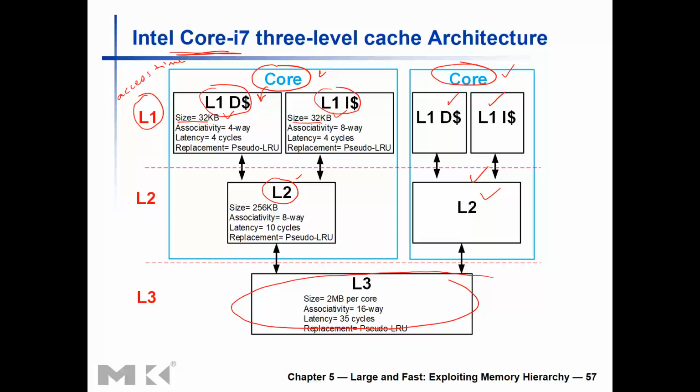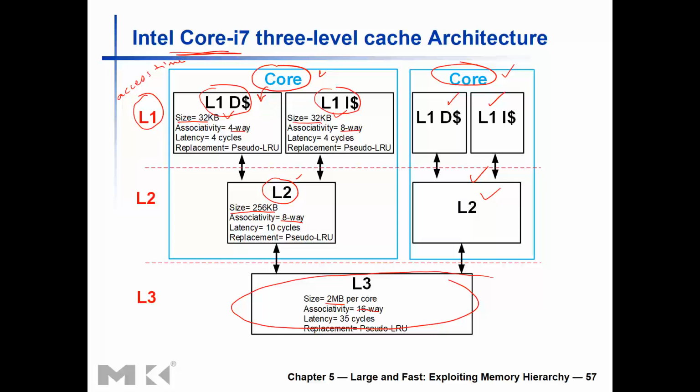Now you will see that for level 2 the cache size increases. Associativity, I'm sorry, 4-way, 8-way for data and instruction. L2, 8-way. L3, 2 megabytes per core. So if you have 2 cores, then 4 megabytes.